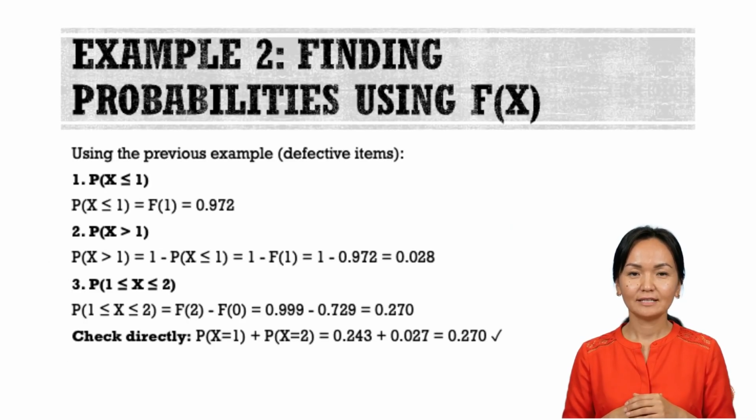The relationship between the distribution function and the density function for continuous variables is very elegant. First, the density function f(x) is the derivative of the distribution function F(x). Second, the distribution function F(x) is the integral of the density function from negative infinity to x. Third, the probability that X lies between a and b is F(b) minus F(a), which equals the integral of the density function from a to b.